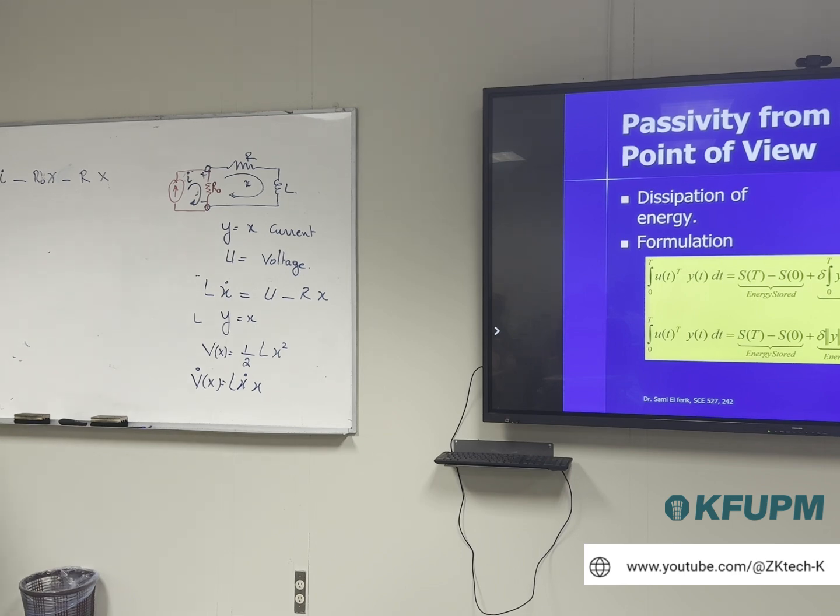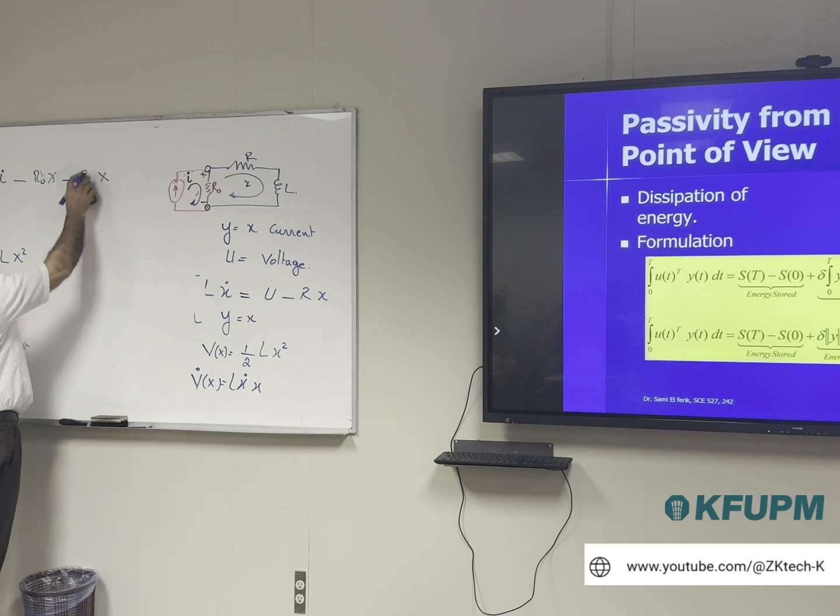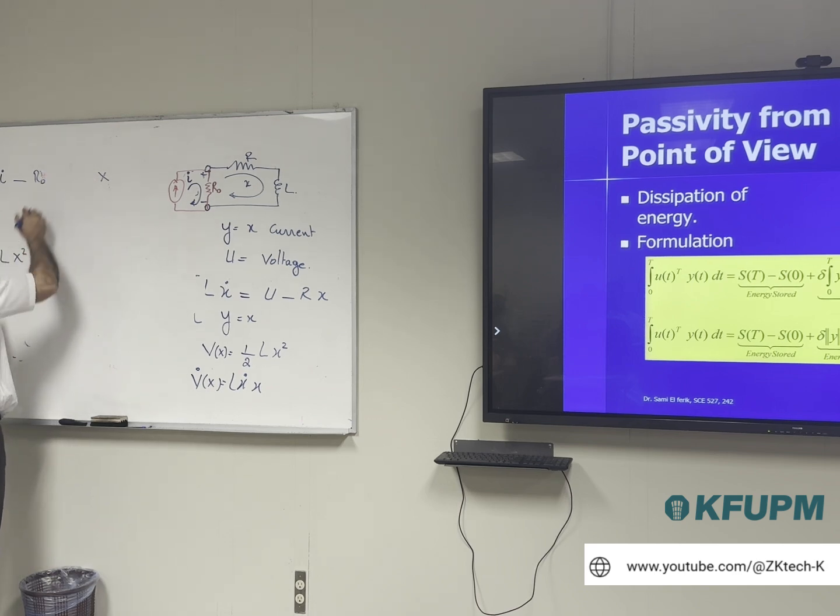So I'm going to select V again equal to half L x squared. I'm not sure right now where this will lead, but I can write this as R0 plus R multiplied by X. We take the derivative, so this is L dX/dt.